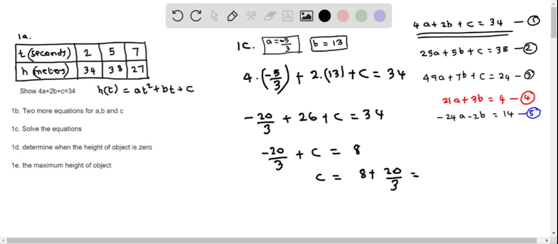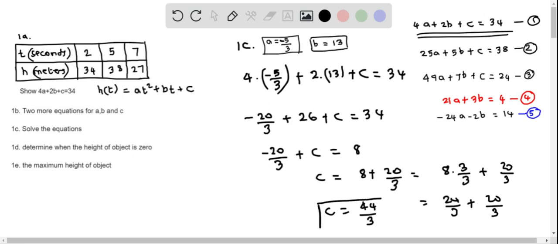So I multiply and divide the 8 by 3. So therefore it becomes 8 times of 3 by 3 plus 20 by 3. This is equal to 24 by 3 plus 20 by 3. So it basically gives c equals 24 plus 20, which is 44 by 3. So therefore the value of c is equal to 44 by 3.